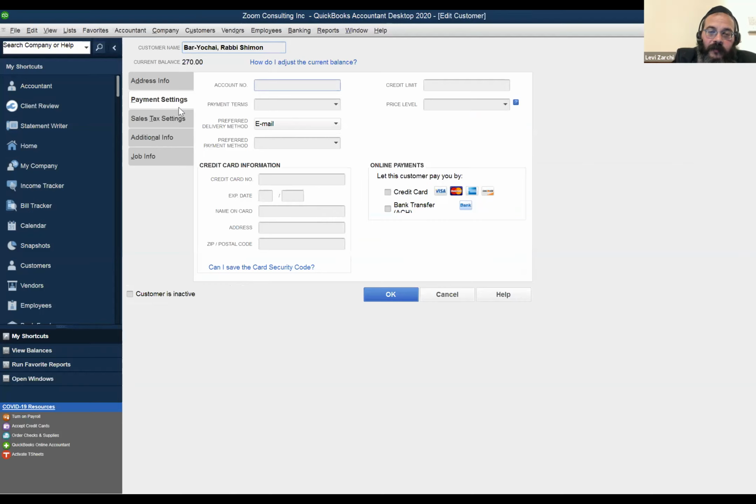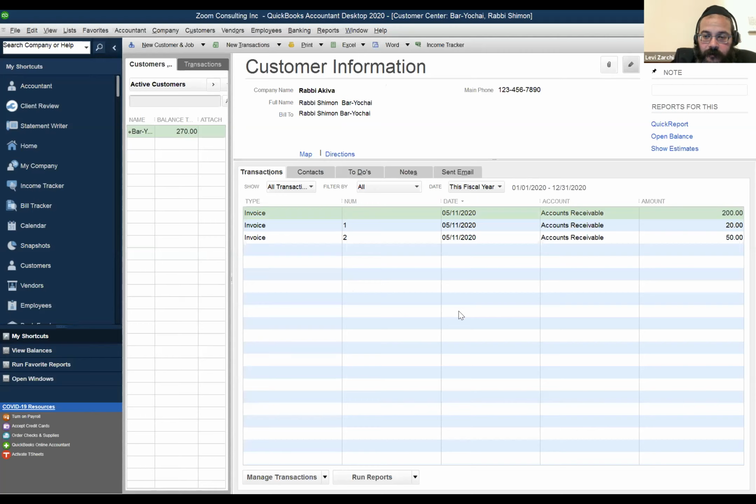Maybe I only want to give Rabbi Shimon Yochai a credit limit of $250 because he's been away for a long time. For 10 years, I didn't see any money. He just came up, he's restarting the cheder, I'll give him another $200, but that's it. I wanted to pay him up. Okay, QuickBooks, cannot do this, gotta do this another time.